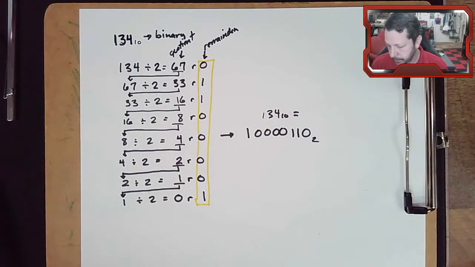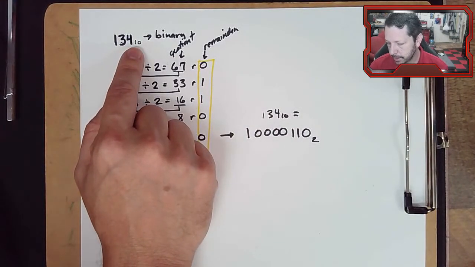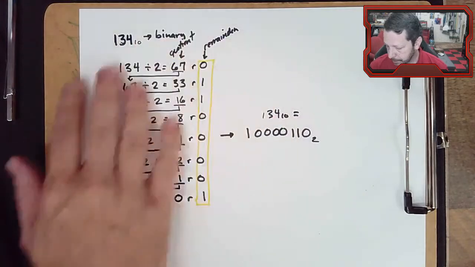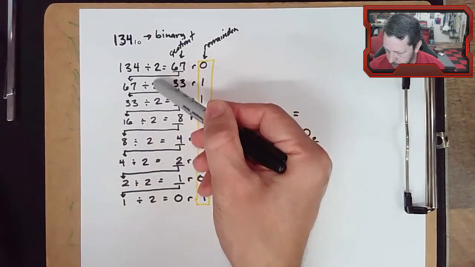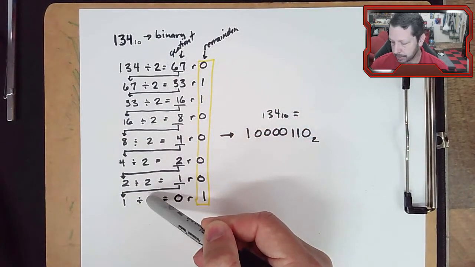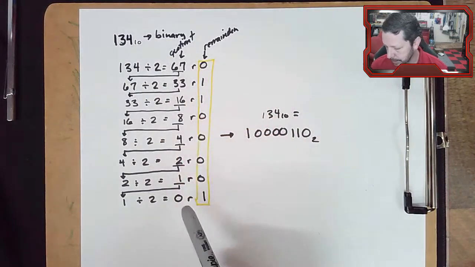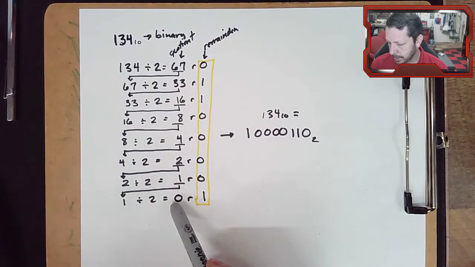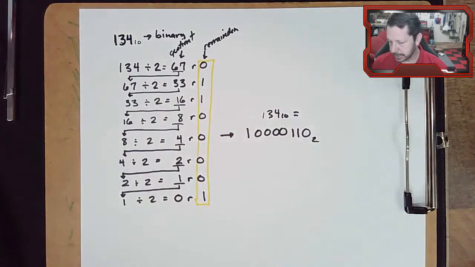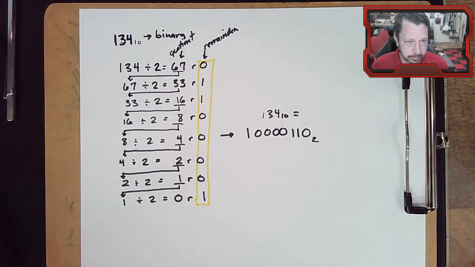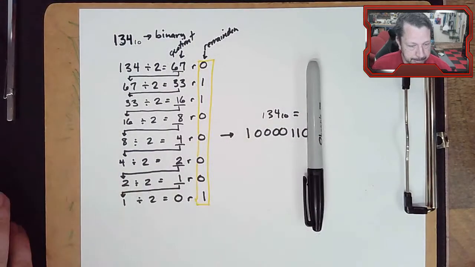If you were doing that, all of these 2's here turn into 4's. So you divide by 4 over and over until you get to a quotient of 0, and then you have a set of remainders that you could deal with.